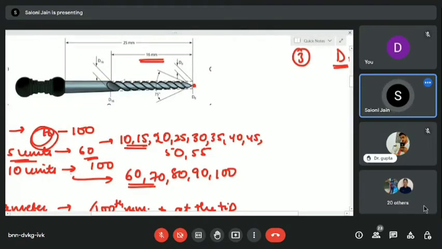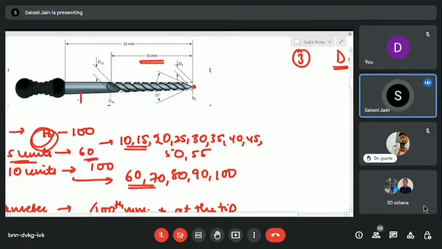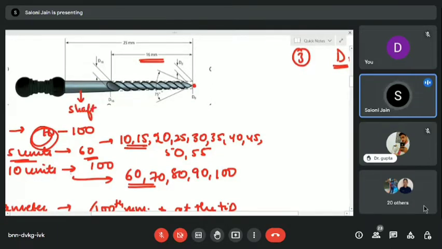This is the tip, and this is the shaft of the instrument. So these blades should terminate 16 mm above the tip. The distance from the tip till the end where the blades terminate should be 16 mm.